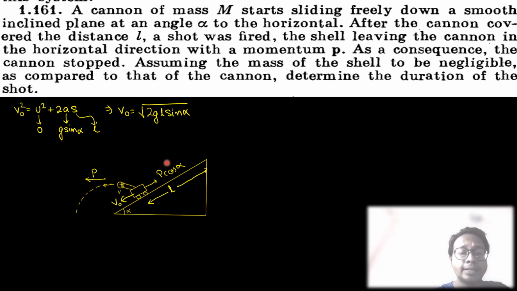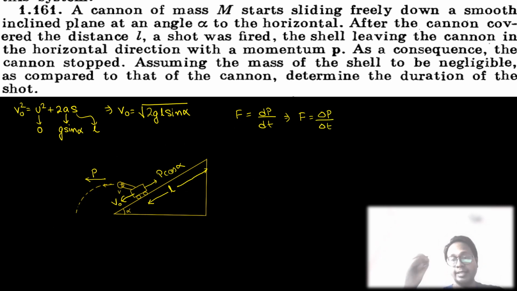Now see, this change in momentum that has been applied on the cannon is nothing but impulse. Impulse is what? Force into dt, no? And we have to find out the dt. So if I write F dt, or force is equal to change in momentum by time, or if this change in momentum is large enough, delta p by delta t.